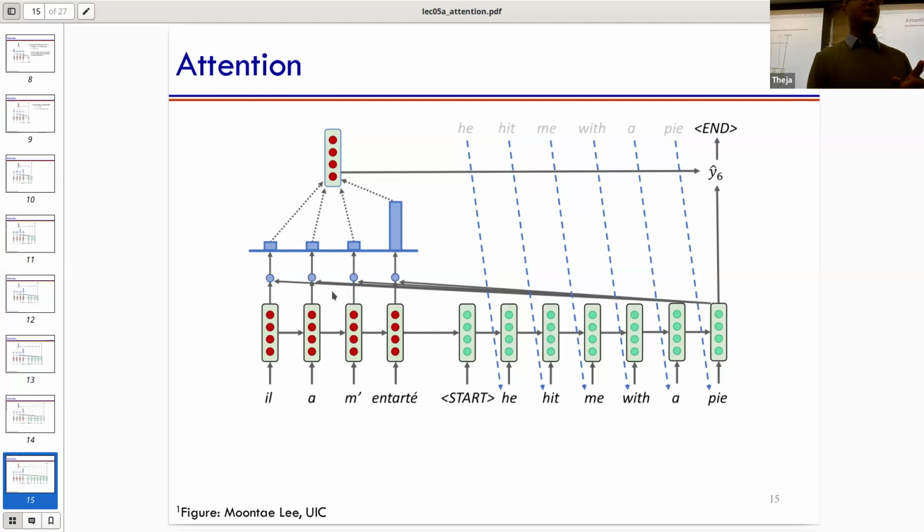Sorry, which one are you referring to? Are you talking about the function which creates the blue bars? Oh, the blue dots, and the bars are just the softmax version of it. The blue dots are the scores, which are equal to some function of the encoder side hidden vector and the decoder side hidden vector. Yeah, that function we'll see some examples of, but you get to choose.